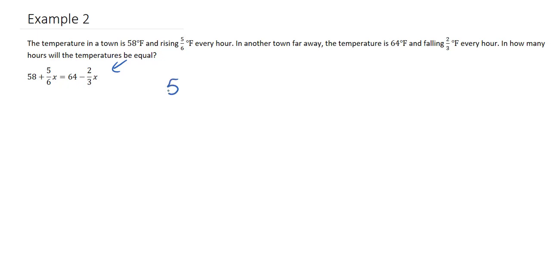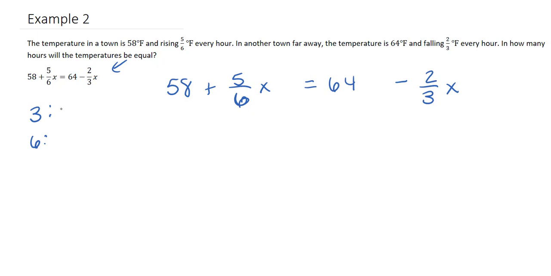So let's go ahead and rewrite this. We have 58 plus 5/6 x, which is equal to 64 minus 2/3 x. So notice we have two fractions. Let's find the least common multiple between them. So we have 3 and 6. So we have 3, 6, 9, 12. Let's look at 6.